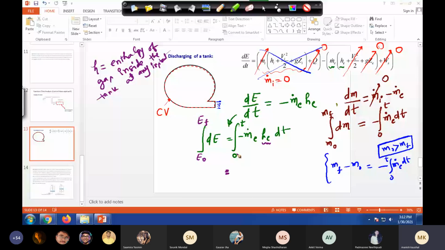Let me see one problem on this discharging, and then probably it will be more clear. Let me find one problem on discharging of a tank, and then it will be more clear if I can find. Because this h e, I'm not sure which h e we should take, whether it depends on the external temperature condition or what. So without seeing it carefully, it will not be wise to comment.